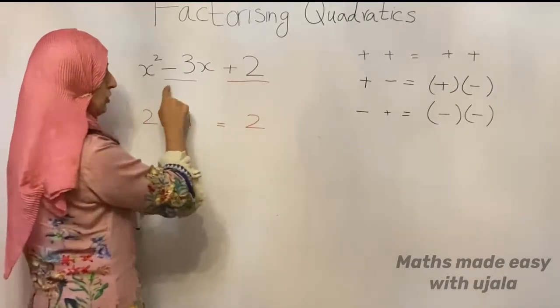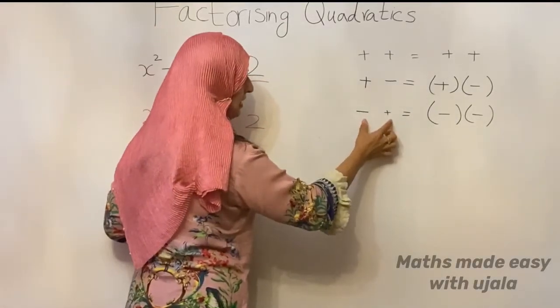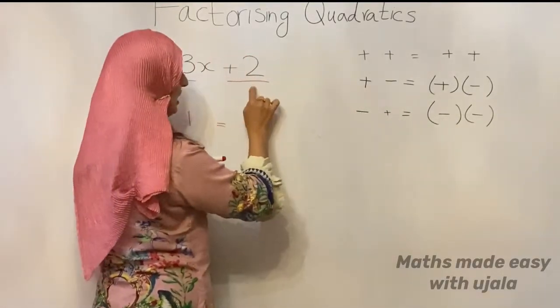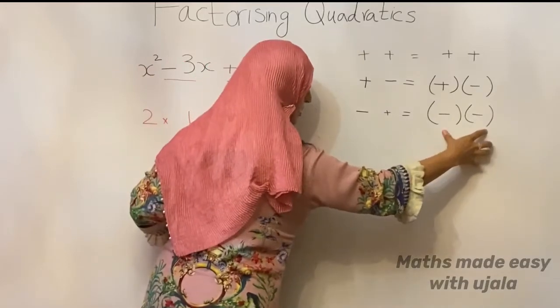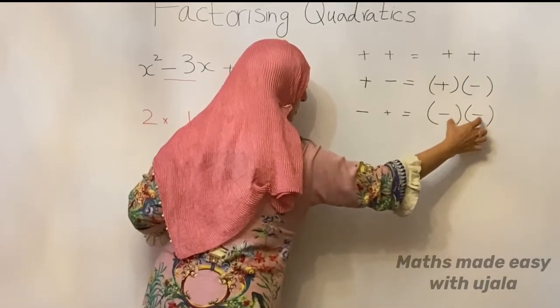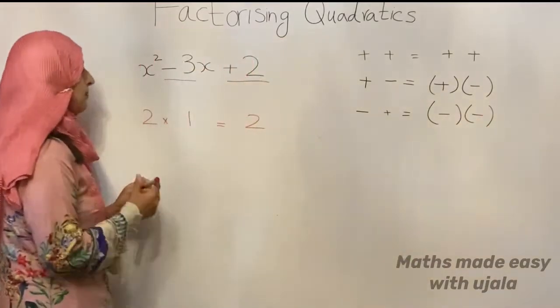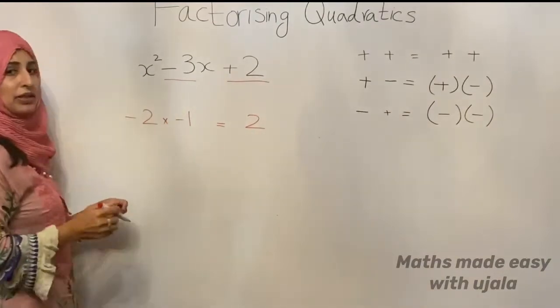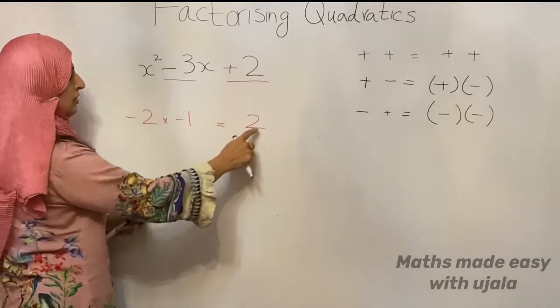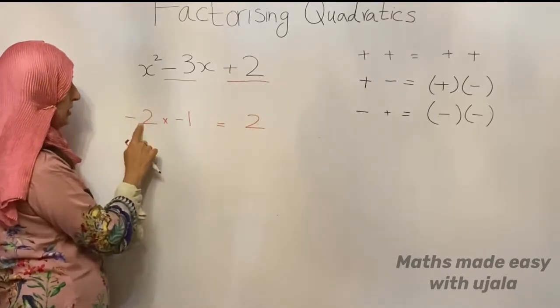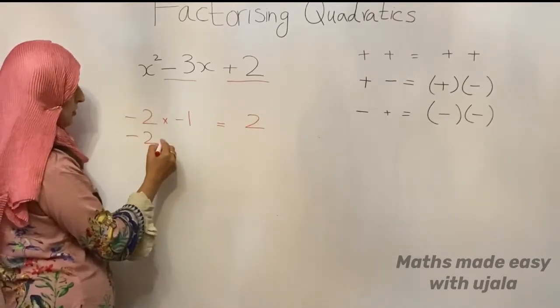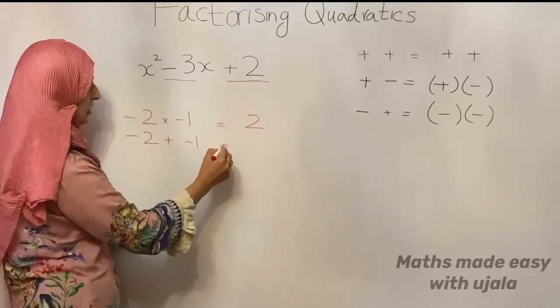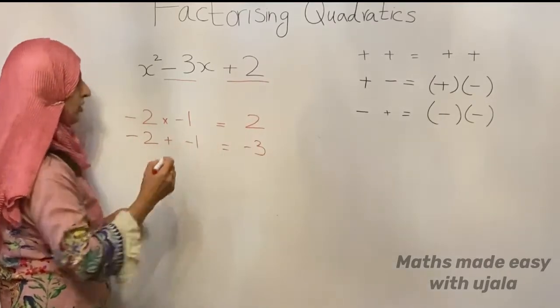So according to the rule, if I have got a minus sign here and the plus sign is with the second term, the next two numbers will have the two minus signs. I will make my life easy by the rule. 2 times 1 is 2, and minus 2 plus minus 1 is equal to minus 3.